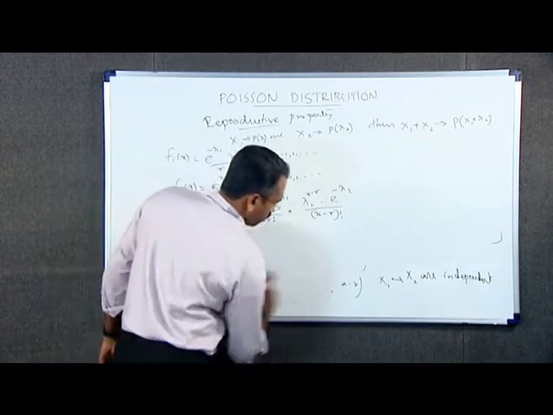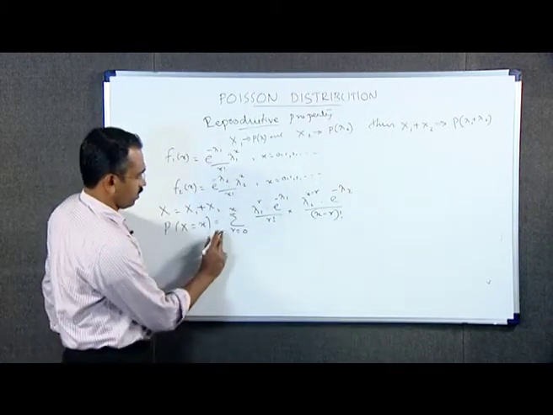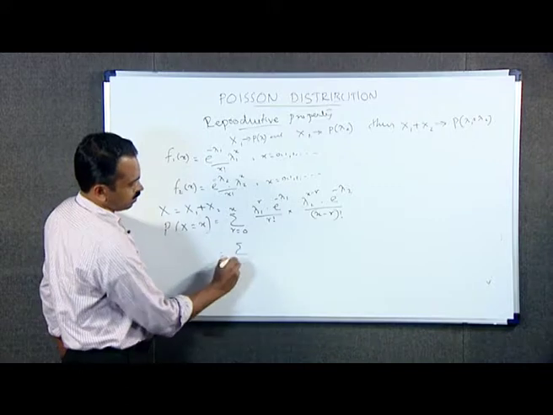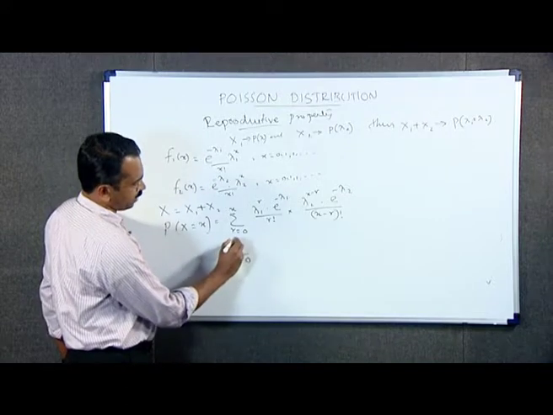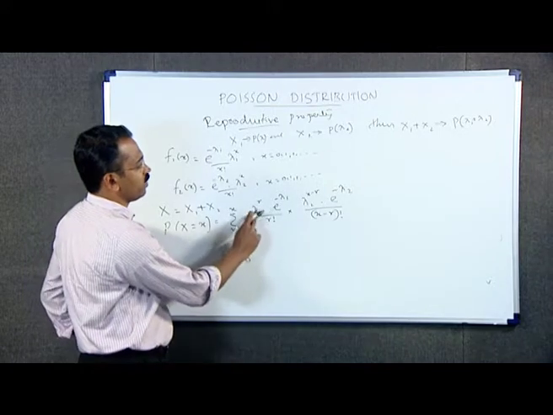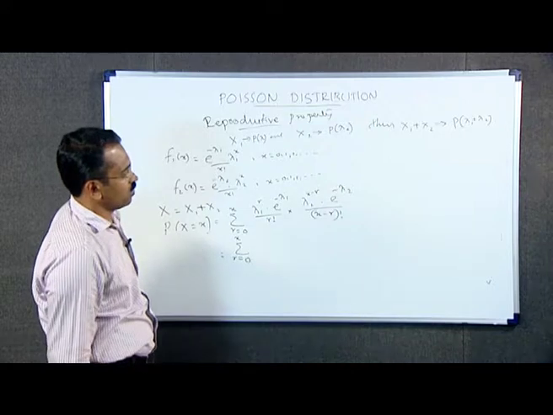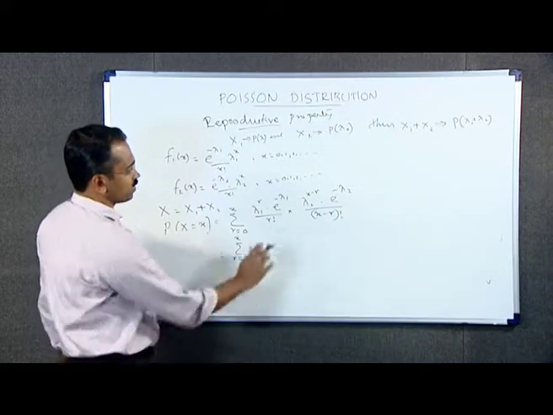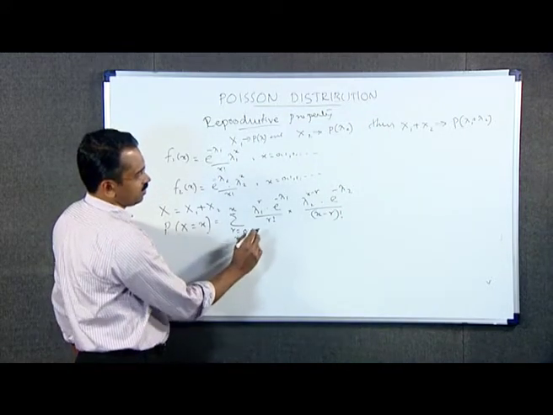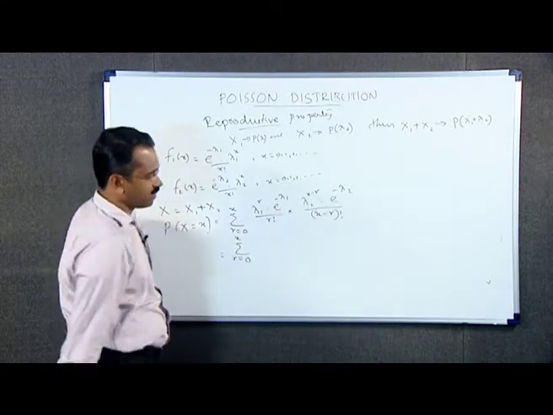That is equal to the summation over r varies from 0 to x. Here lambda 1 raised to r into lambda 2 raised to x minus r, e raised to minus lambda 1 into e raised to minus lambda 2.